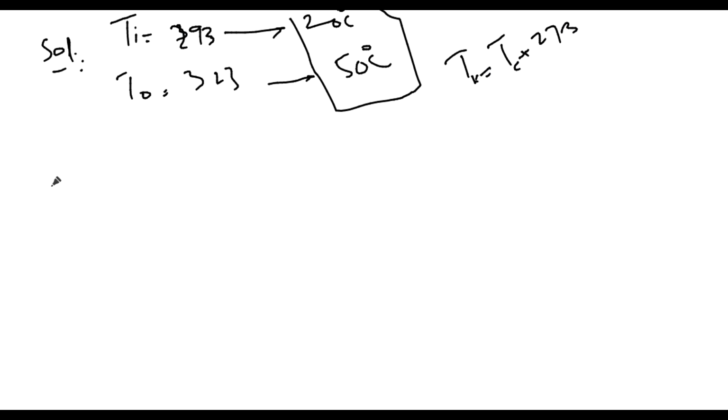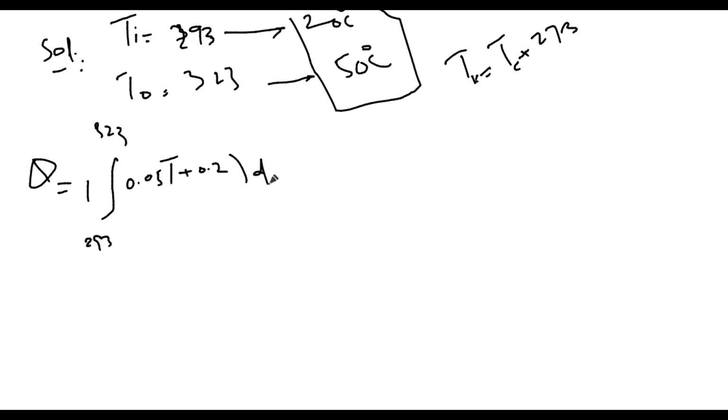Now the equation: the useful heat will be, m is equal to 1, in the integration from 293 to 323. And what is the specific heat capacity? 0.05 T plus 0.2, with theta the temperature.